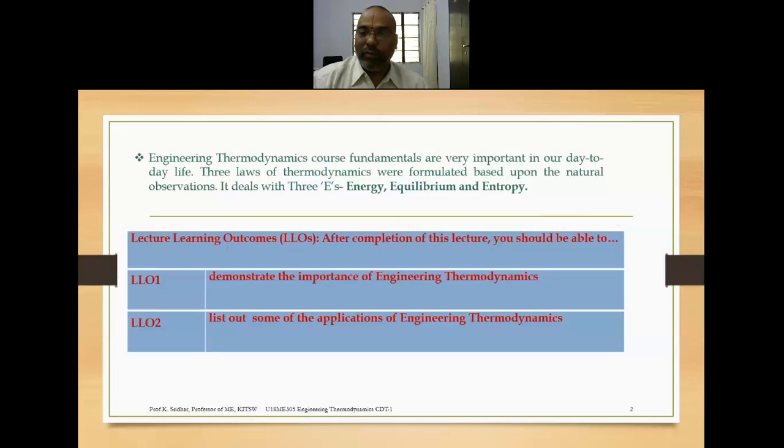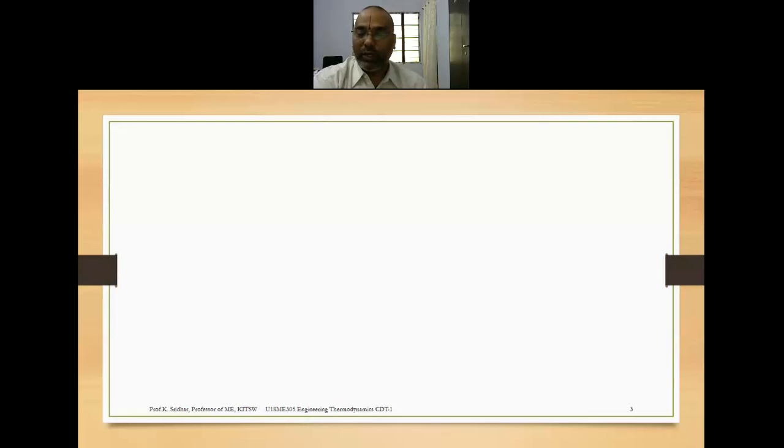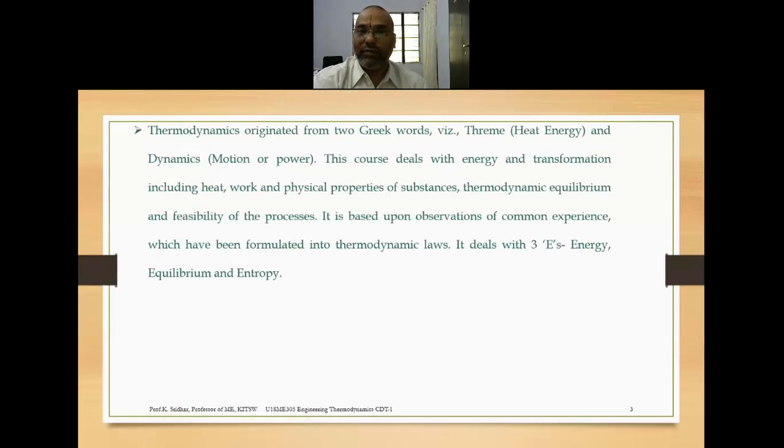After completion of my lecture, I am expecting every student to be in a position to fulfill these two outcomes I have listed here: demonstrate the importance of engineering thermodynamics, that is the first outcome I'm expecting from you, and the second is to list out some of the applications of engineering thermodynamics. These are the learning outcomes I'm expecting from today's class.